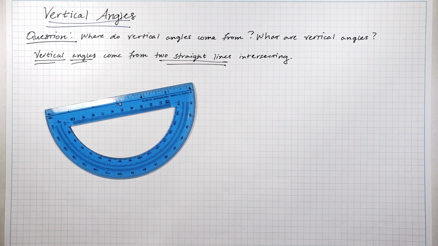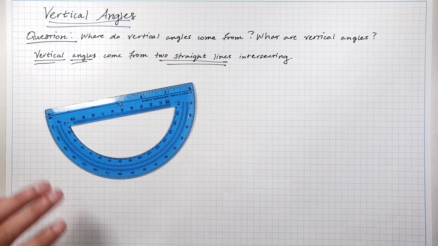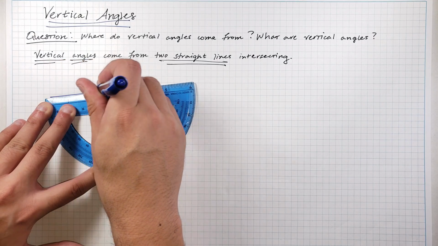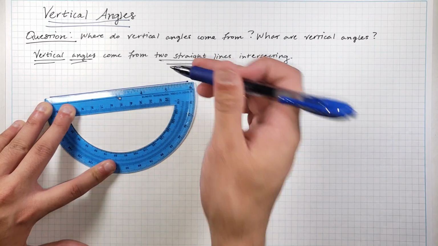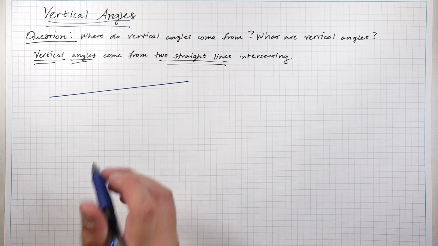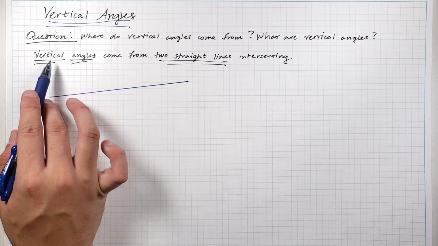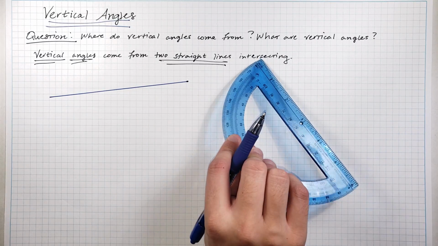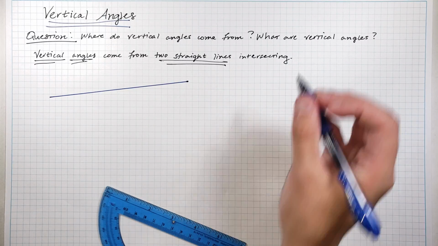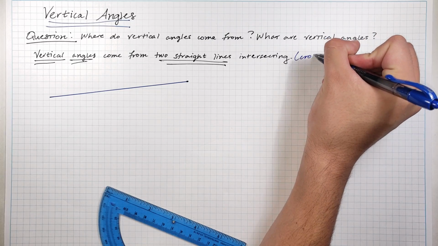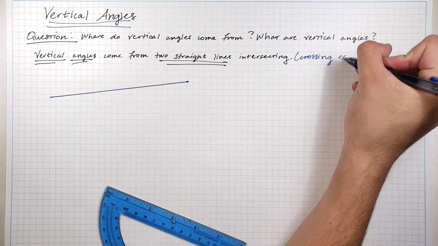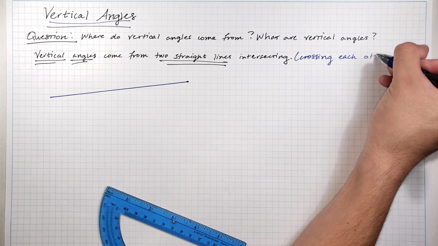Okay, so let's draw these two straight lines that are intersecting. So let's say we have this straight line. This is one of the straight lines, but it says vertical angles come from two straight lines intersecting. So what does intersecting mean? It means they cross, right? So two straight lines crossing each other.